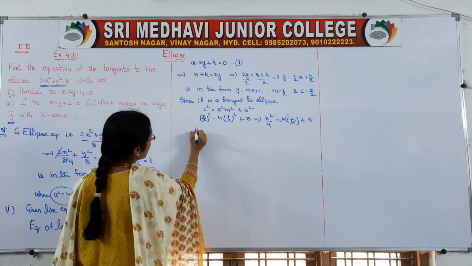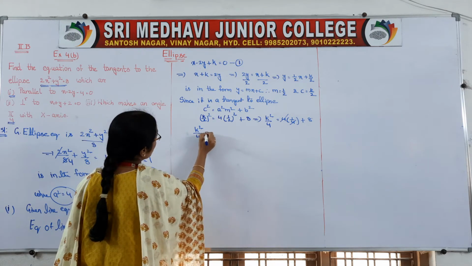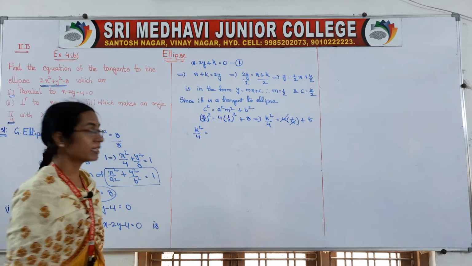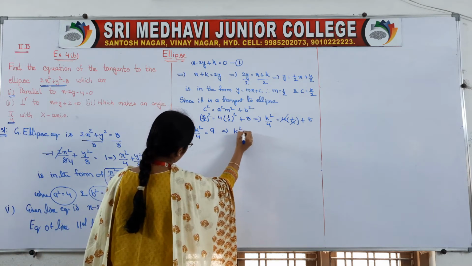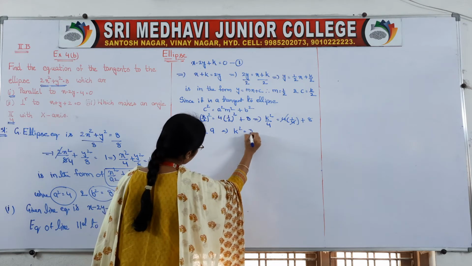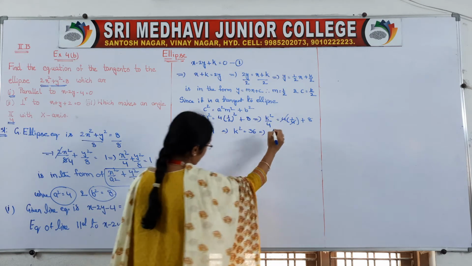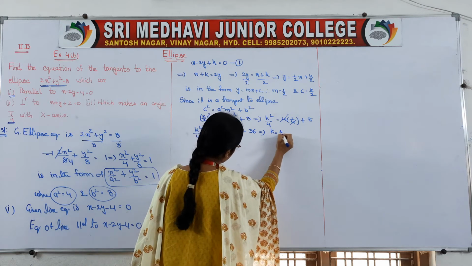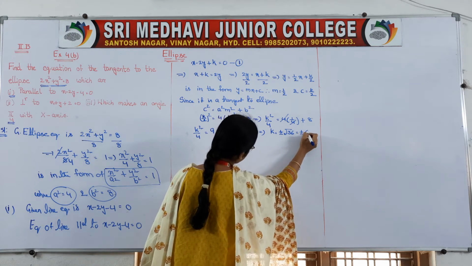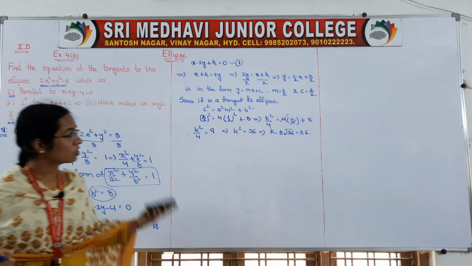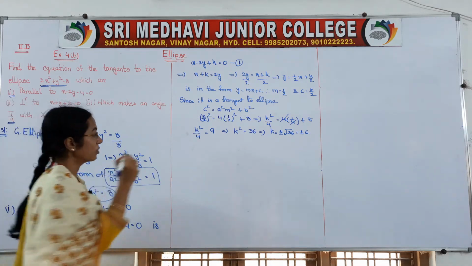So, k²/4 = 1 + 8, it is 9, right. This implies k² = 9 × 4 = 36, so k = ± √36. What is the value of √36? It is 6. So, we got the k value.